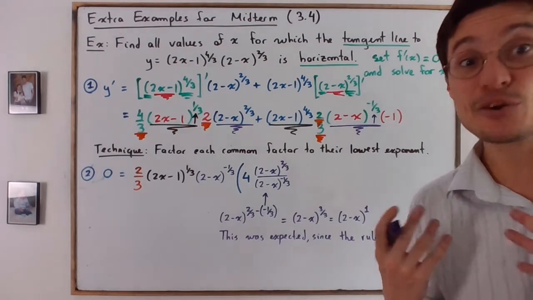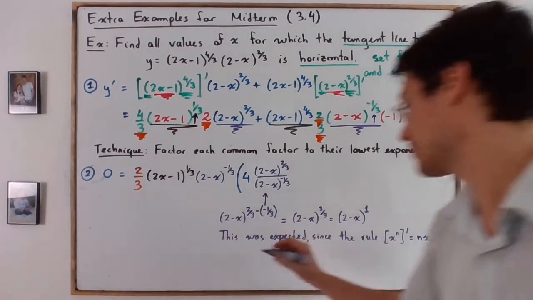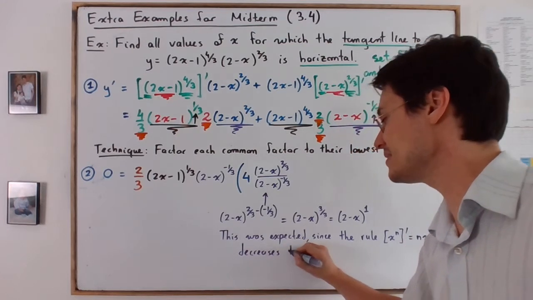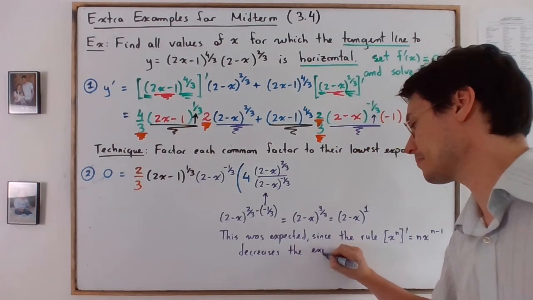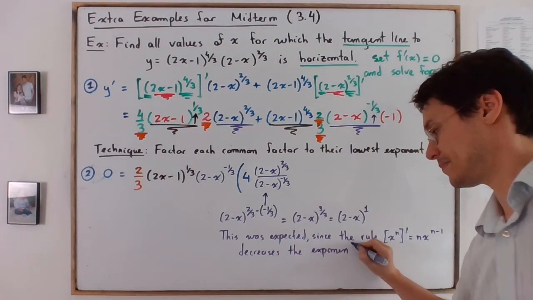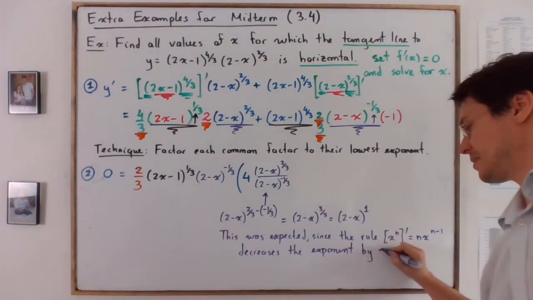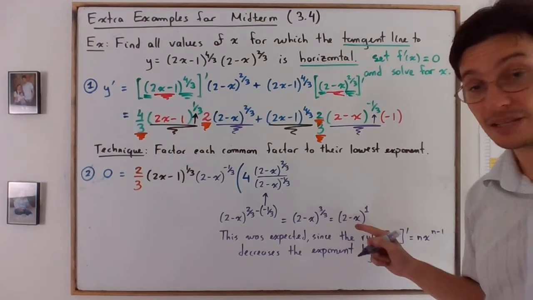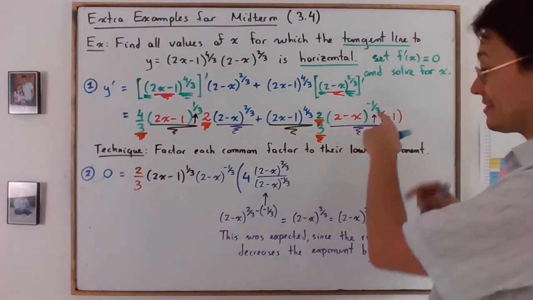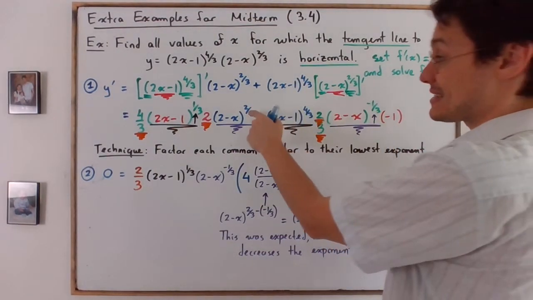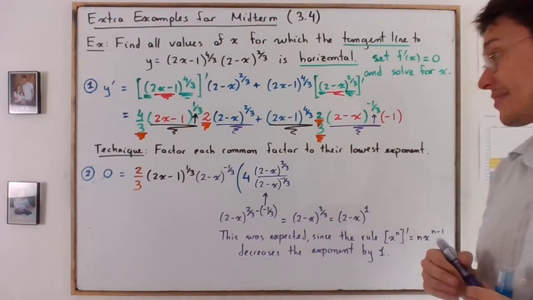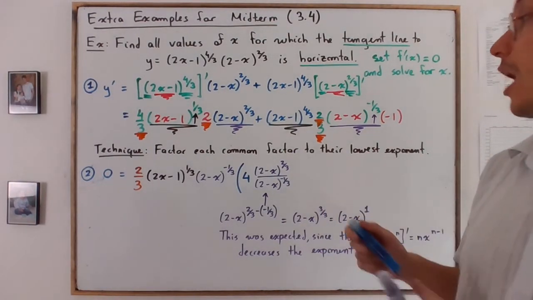It decreases the exponent by 1. And what this means is that we could have escaped this calculation, because we know that this exponent is 1 less than this exponent. So now that we did it, we will use that knowledge to write the other term.